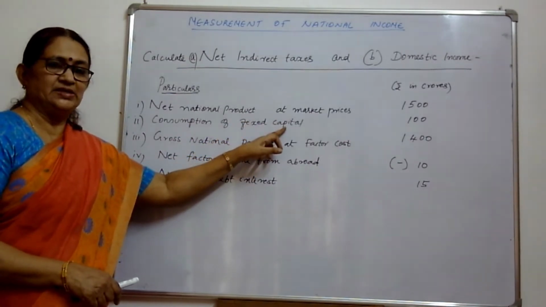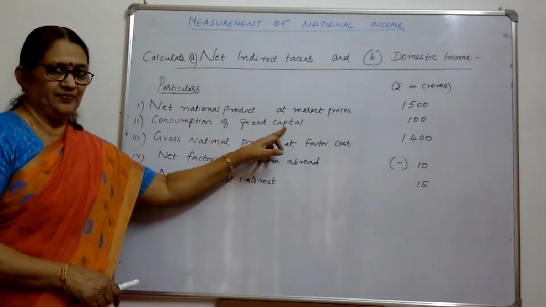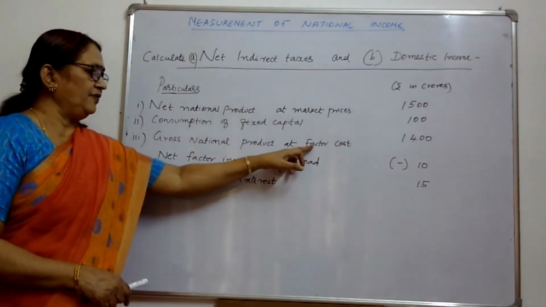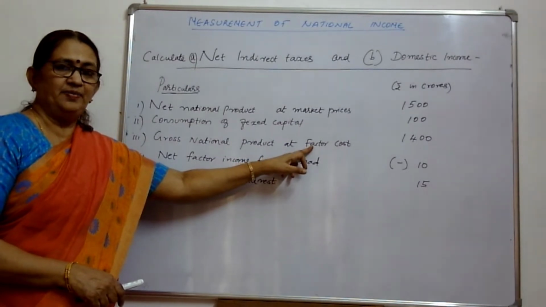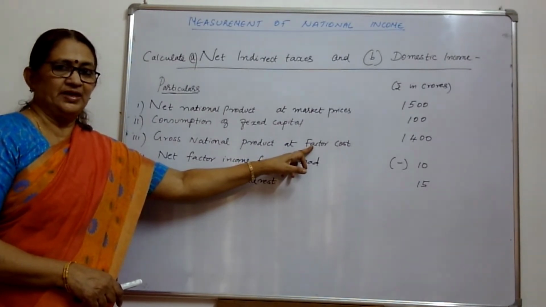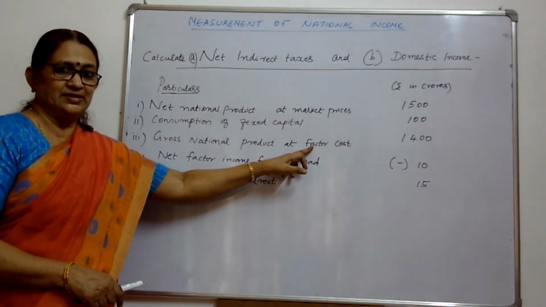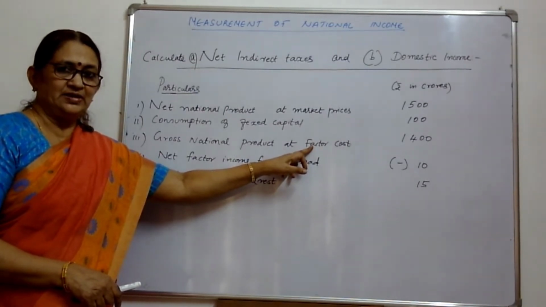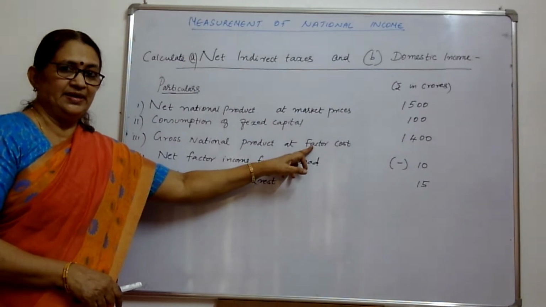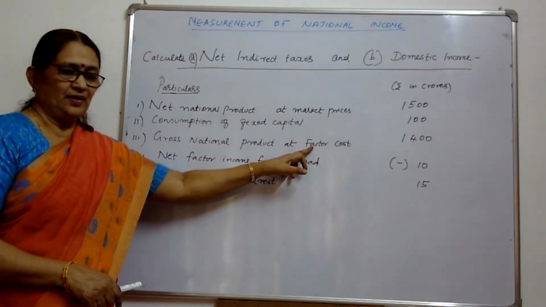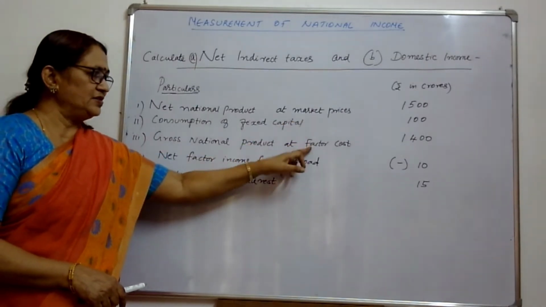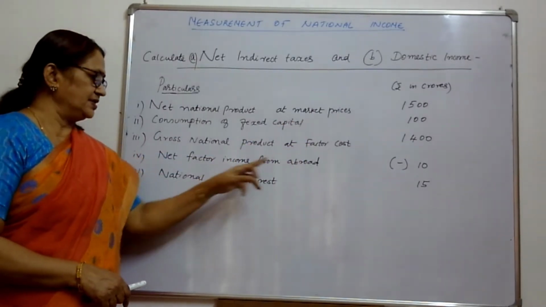It is otherwise called depreciation. Third one, gross national product at factor cost. GNP at factor cost. The national product at gross concept, that is at factor cost. Factor cost does not include net indirect taxes. Okay, so after deducting net indirect tax from market price, we get factor cost concept.